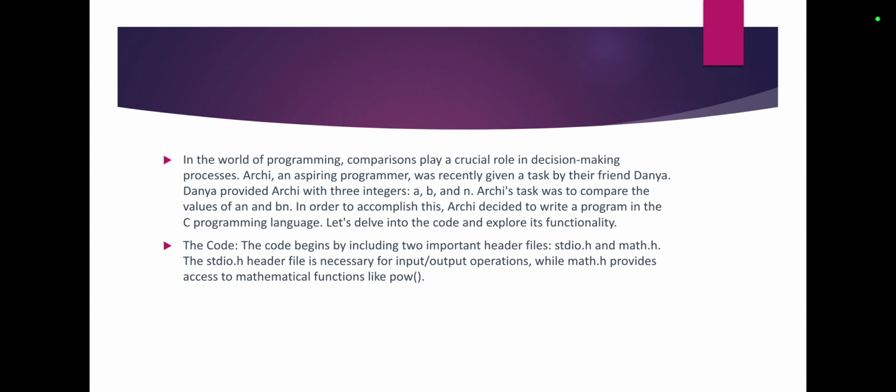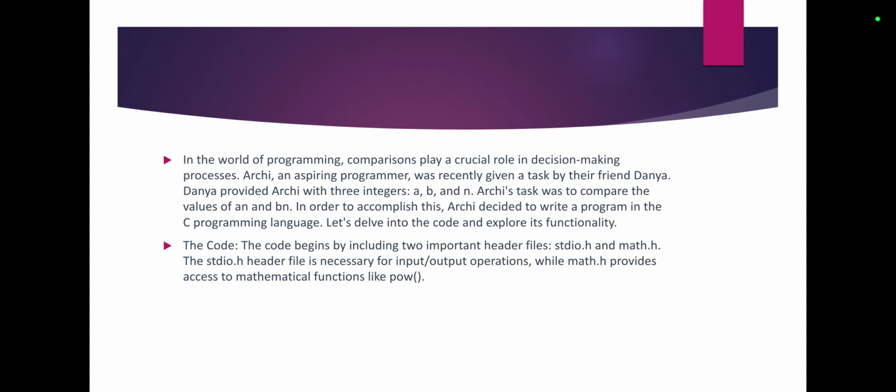Archie's task was to compare the values of a^n and b^n. In order to accomplish this, Archie decided to write a program in the C programming language. Let's delve into the code and explore its functionality.